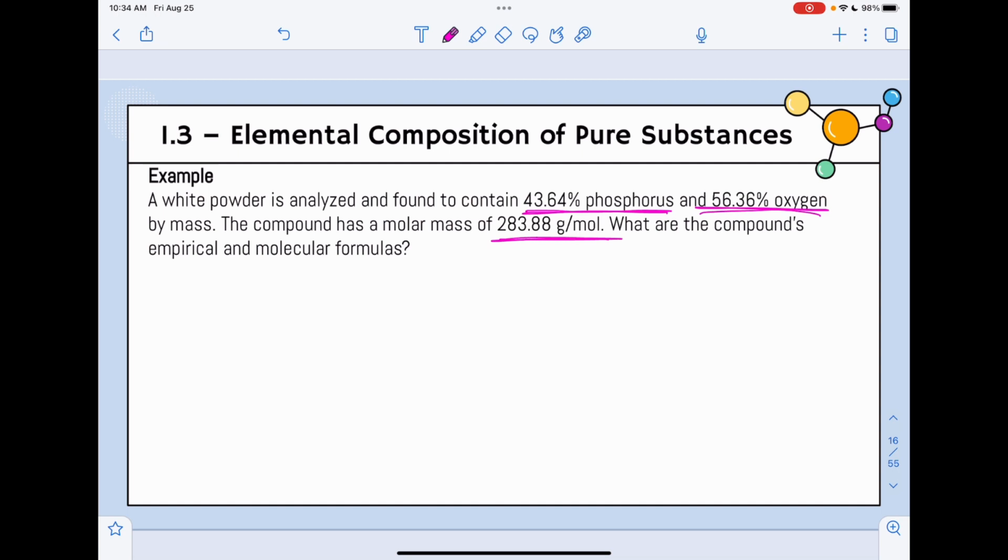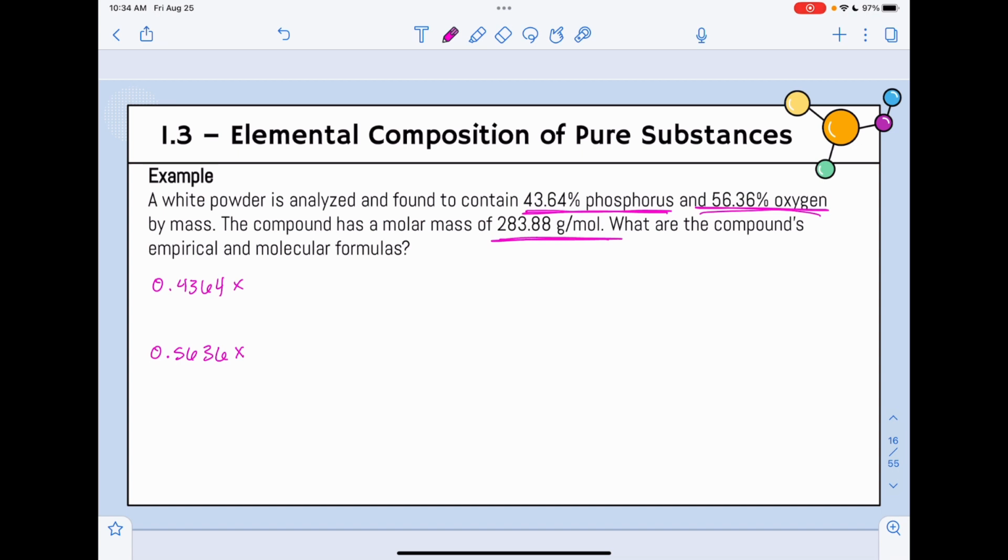So I'm going to convert my percents into decimals. So 43.64% is 0.4364, and 56.36% is 0.5636. Multiply each of those by the molar mass because we're assuming that we have 1 mole.